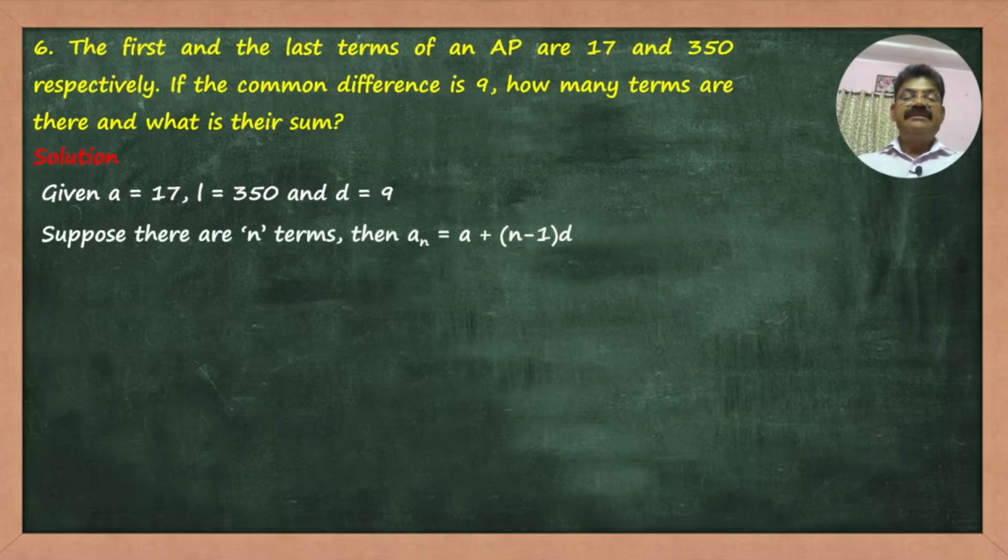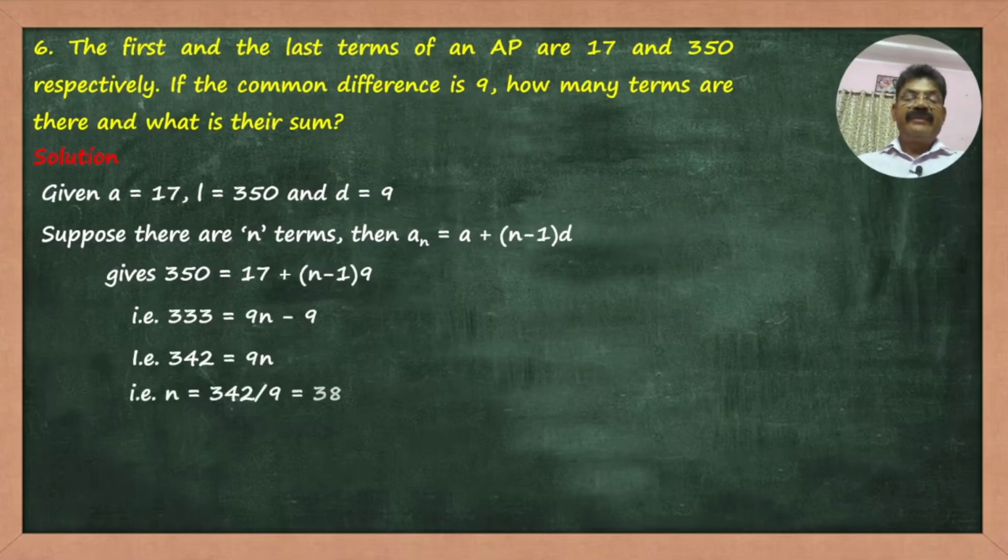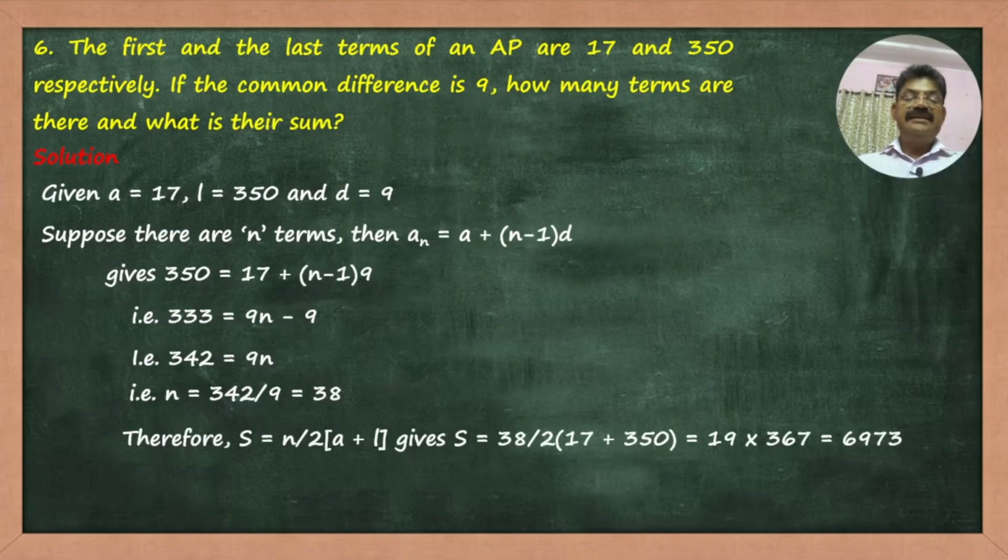Suppose there are n terms, then an is equal to a plus n minus 1 into d. Therefore, 350 is equal to 17 plus n minus 1 into 9. When you simplify, you get n is equal to 38. Therefore, S is equal to 6973. So, simply you have to substitute the values in the formula.